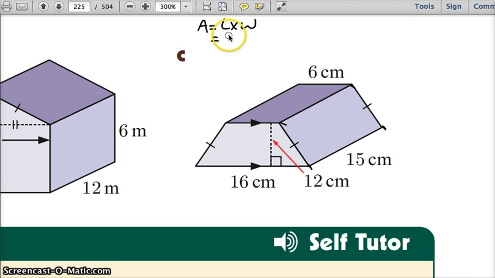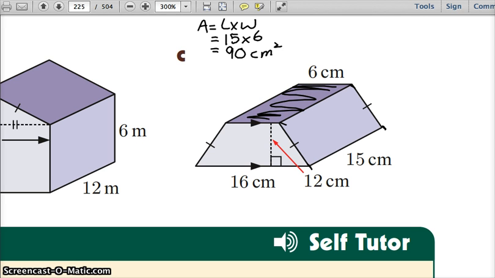Comfortable with that? Try that? We can try it. Get it wrong, who cares? We learn from our mistakes. 15 times what? 6, absolutely. Got your calculator in front of you? 90 centimetres squared.